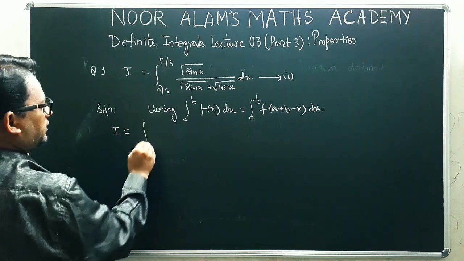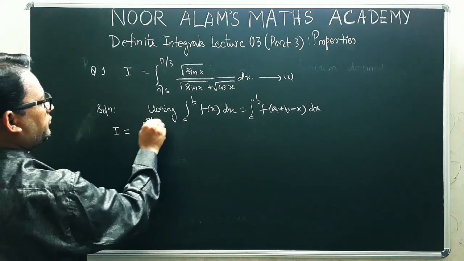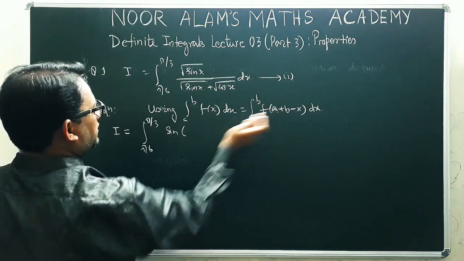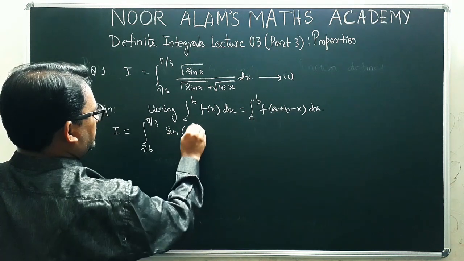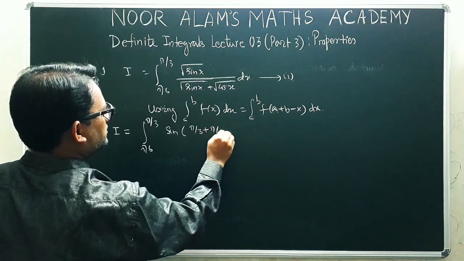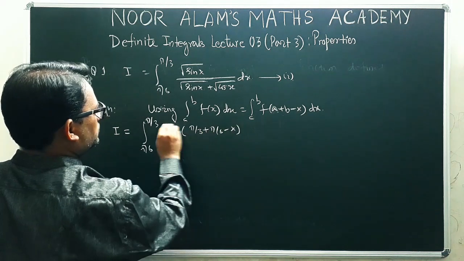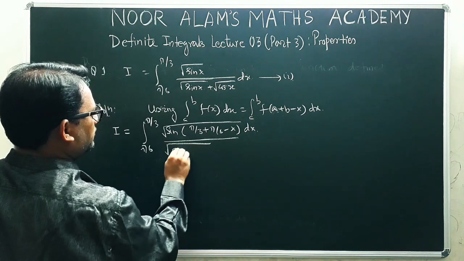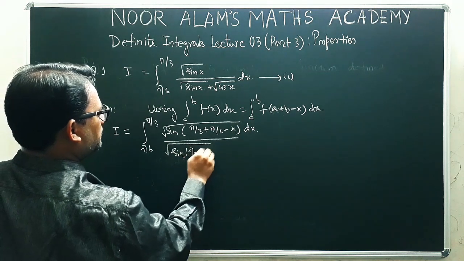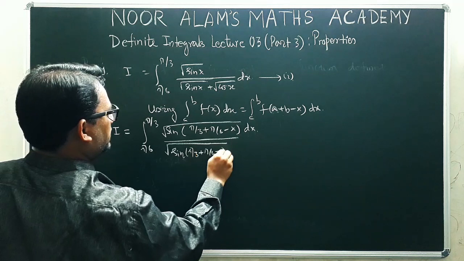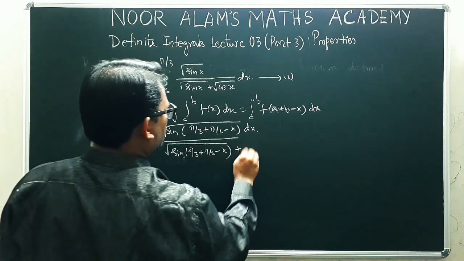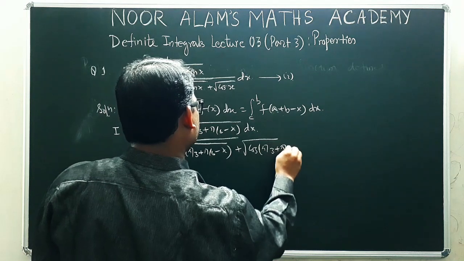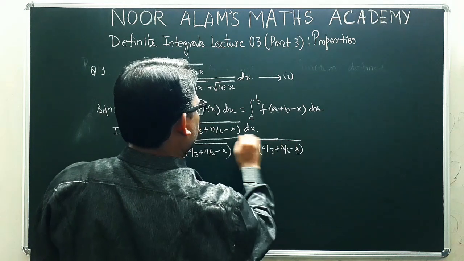The value of I we can write as the integral from pi by 6 to pi by 3, with sin x replaced by upper limit plus lower limit minus x. So we write pi by 3 plus pi by 6 minus x, with the whole root, dx. In the denominator we get sin of (pi by 3 plus pi by 6 minus x), and the cos part gives cos of (pi by 3 plus pi by 6 minus x) dx.